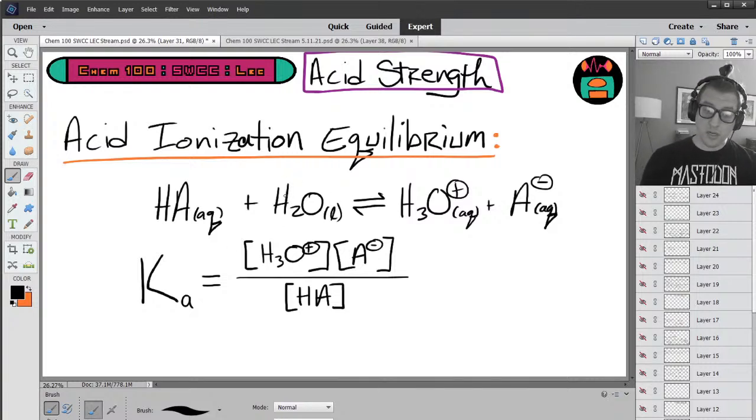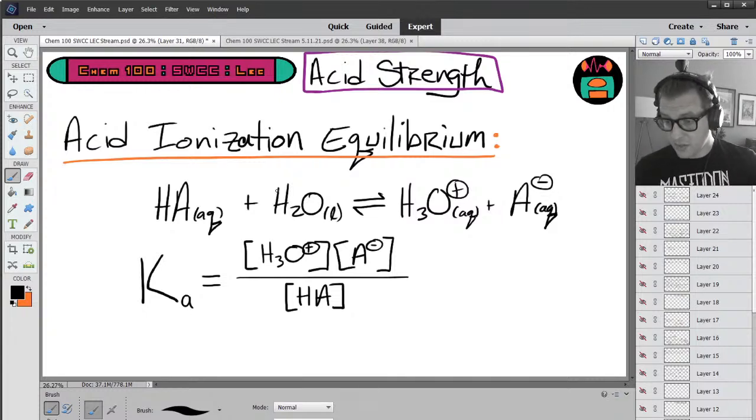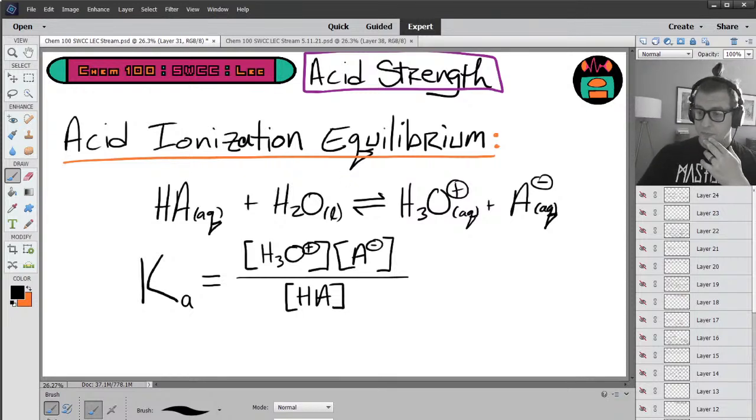Water is part of the equilibrium, but it does not influence the equilibrium constant because the concentration of a liquid is constant. It's not going to change over the course of the reaction.